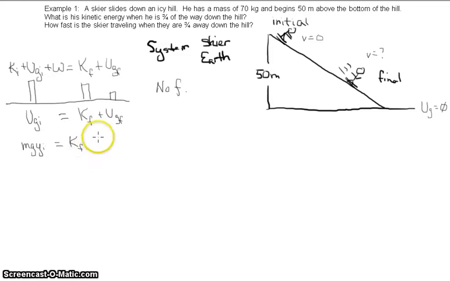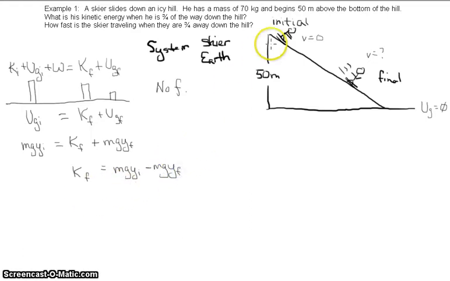I don't have to solve for the speed yet, I can just solve for KF. If I just want to know the amount at that point, I can subtract mgyf from both sides, so I'm left with mgyi minus mgyf.